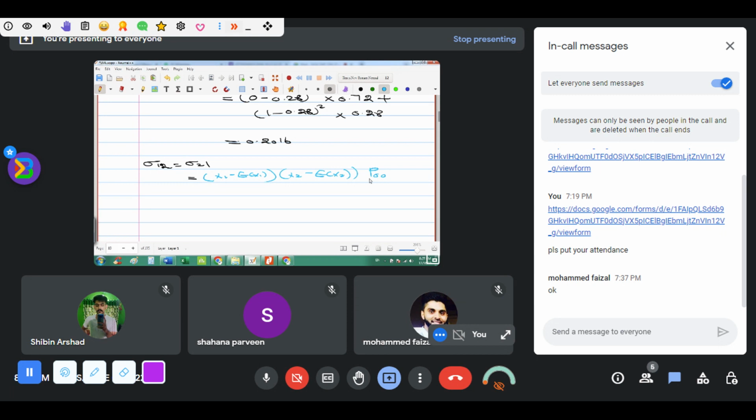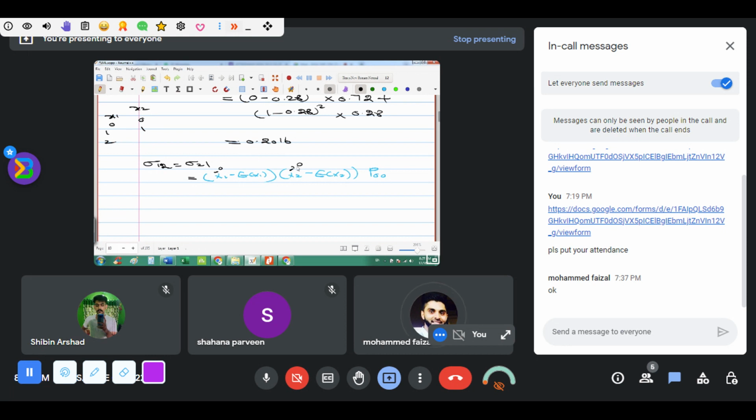The total x1 values are 0, 1, 2. The total x2 values are 0, 1. Here the probability value's first notation is P00. Therefore, I take this x1 value as 0 and this x2 value as also 0.